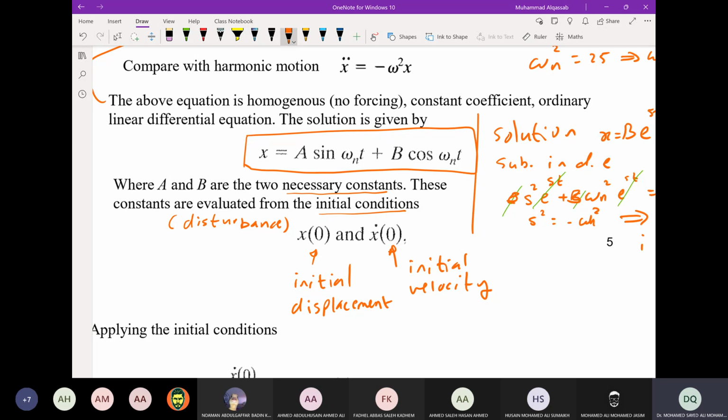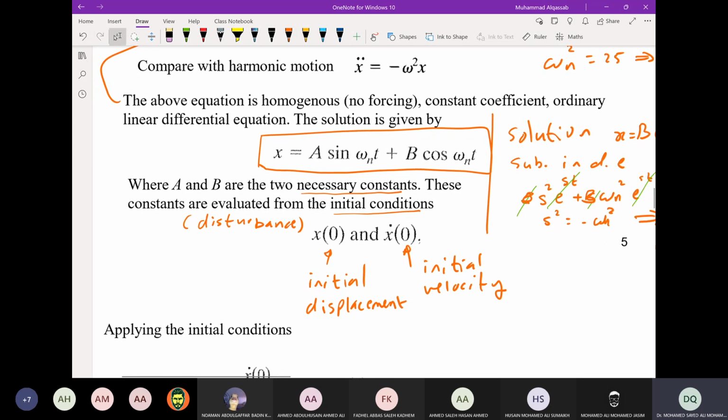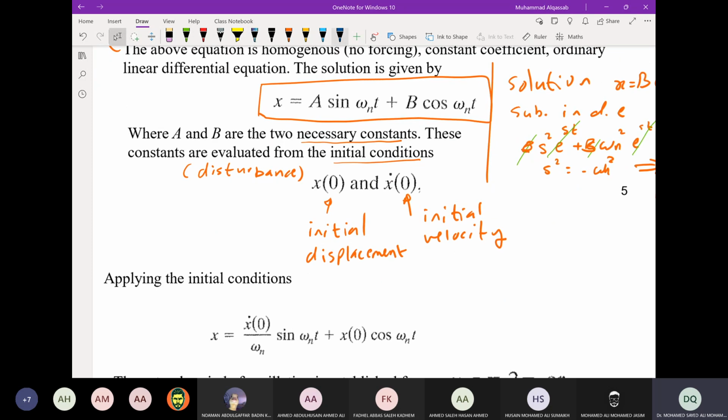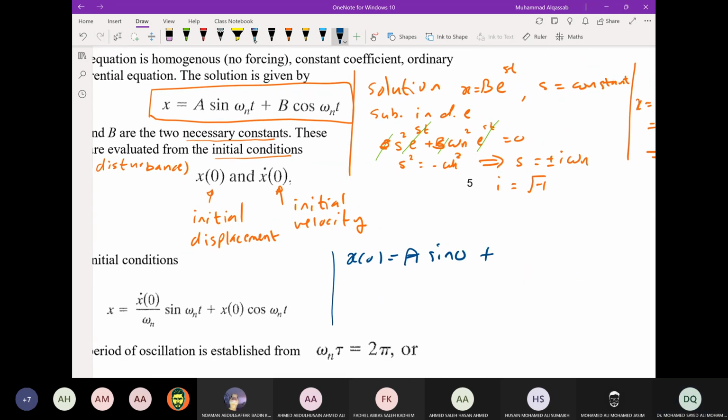So unless you give initial disturbance, it will not move. Now the constants can be found by applying those conditions. So x at 0 equal to a sine 0, which is 0, plus b cosine 0, which is 1. So this means b is equal to the initial displacement.